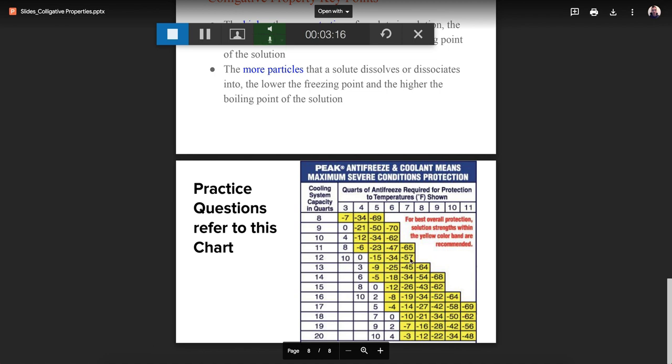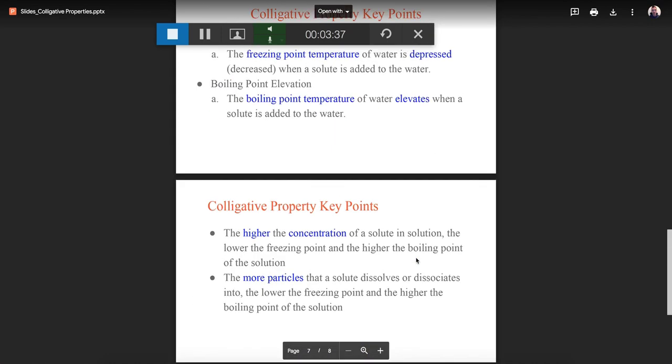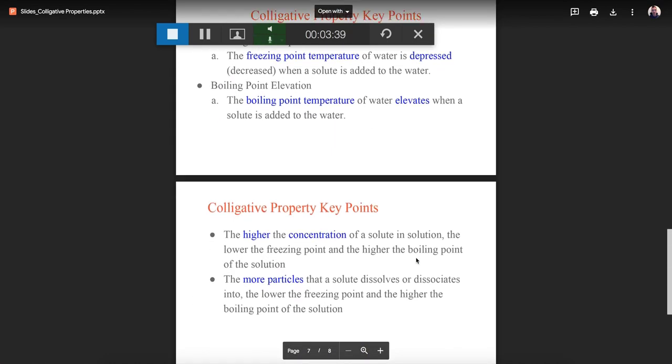If you put in 7 quarts of antifreeze, you can keep this system from freezing all the way down to negative 57 degrees Fahrenheit. So if you increase the concentration of a solute, then the freezing temperature of the solution will be depressed, will decrease. So this is the idea that we're getting around.